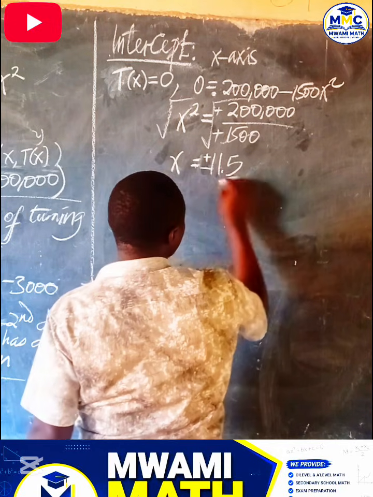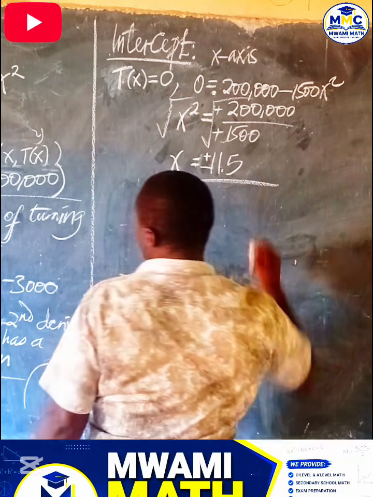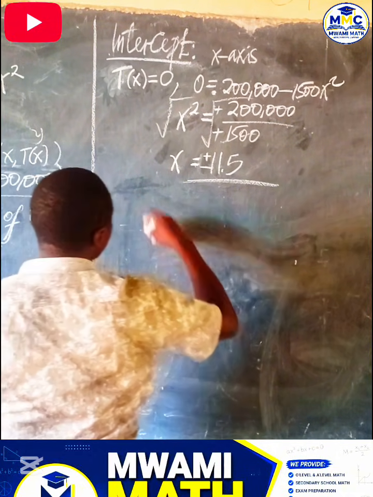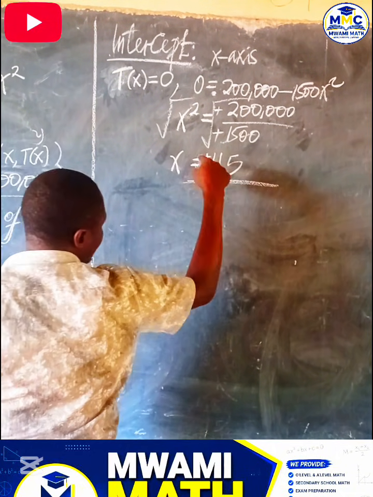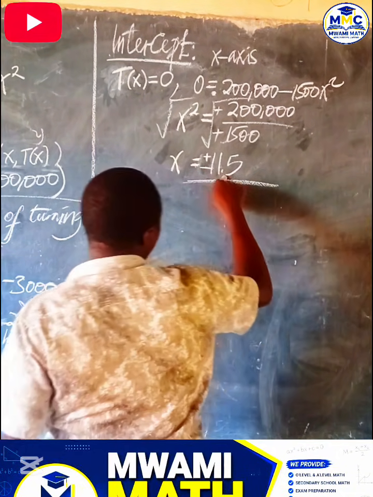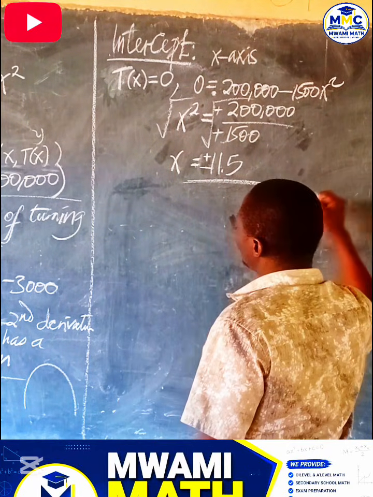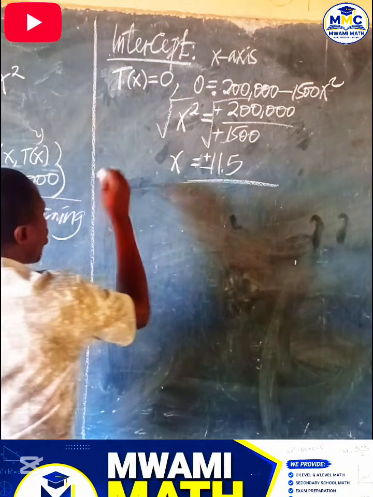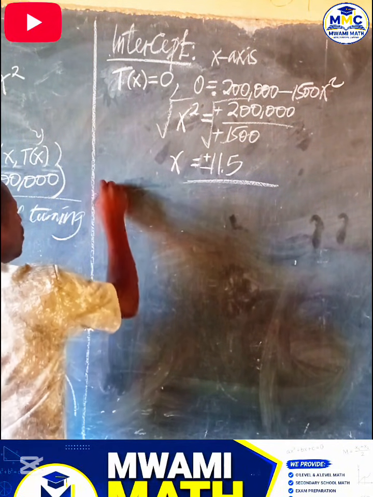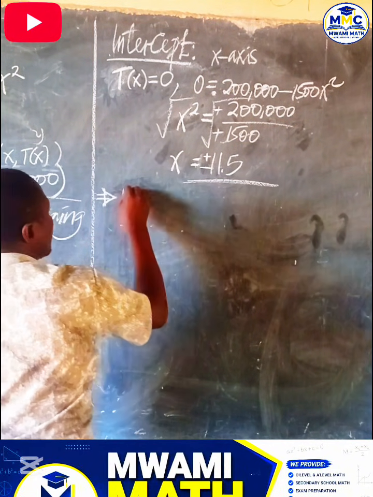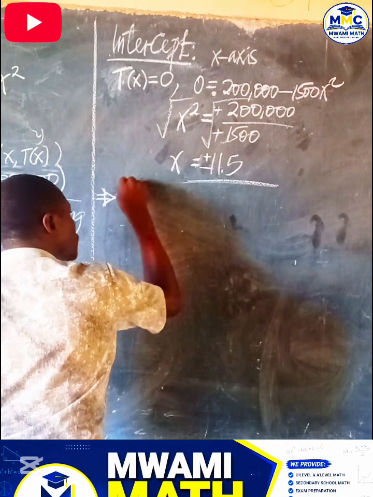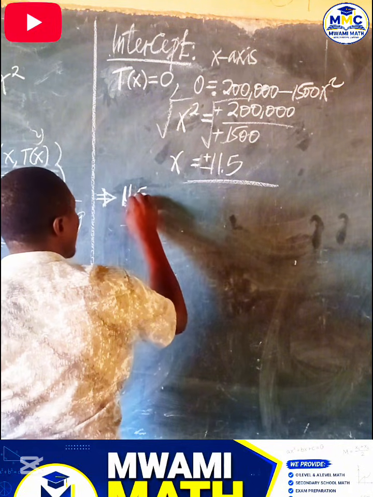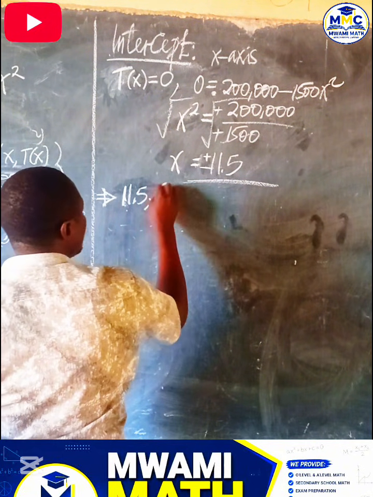So now, we can say, either x is at positive 11.5 or negative 11.5. So now, the coordinates will be 11.5 and 0.